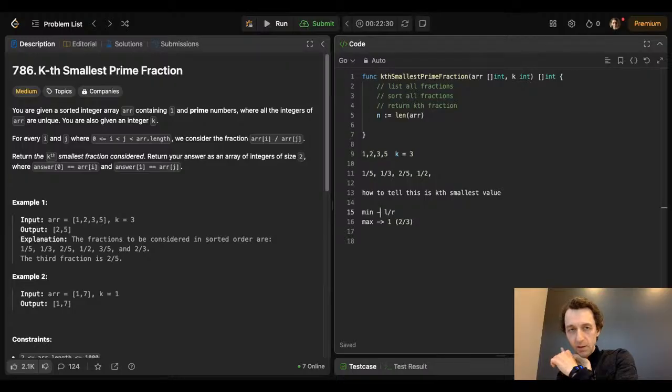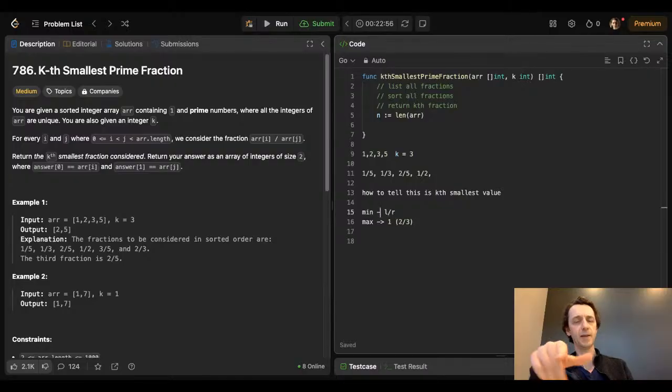Because there are no non-primes. Okay. All these fractions, and since they are primes, you cannot optimize that per fraction anymore. They're all primes.